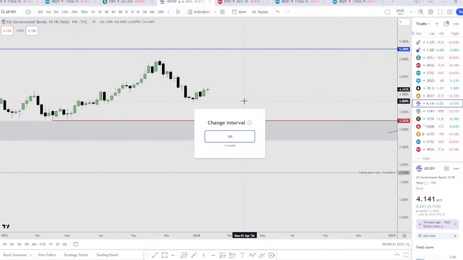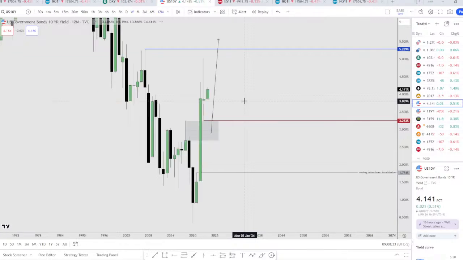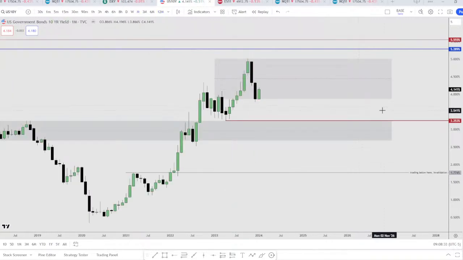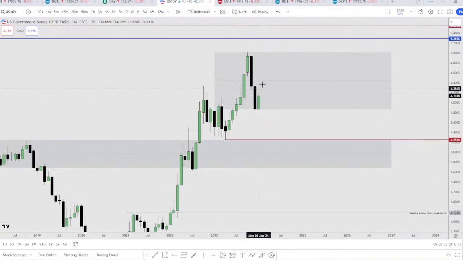Let's take a look at the 1 month. Yep, we do have this monthly CB in confluence with this midpoint of the wick here on the yearly.